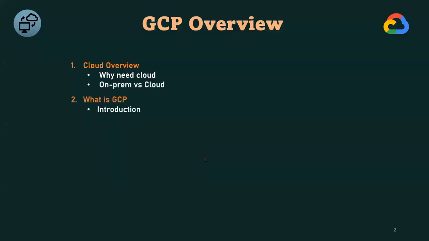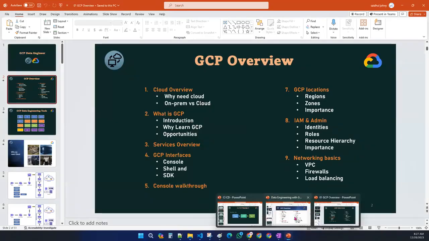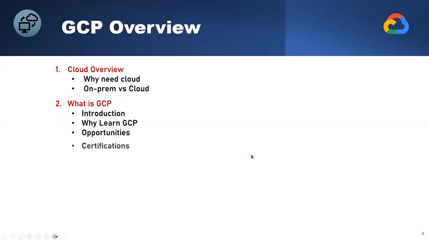What is GCP, an introduction, why we learn it, and the opportunities. So until this point, cloud overview, why we need the cloud platform, the difference between on-premises and cloud, what GCP is, why we learn GCP, what opportunities are there, and what certifications you can go for, we have seen.